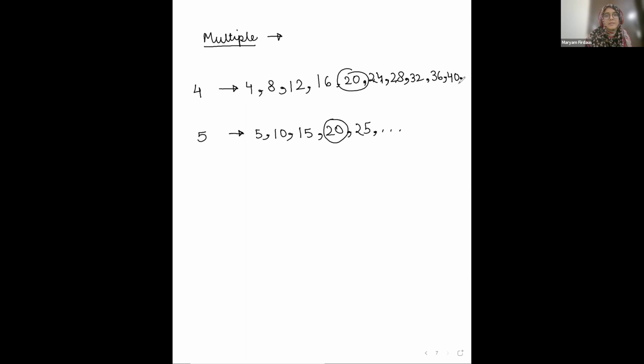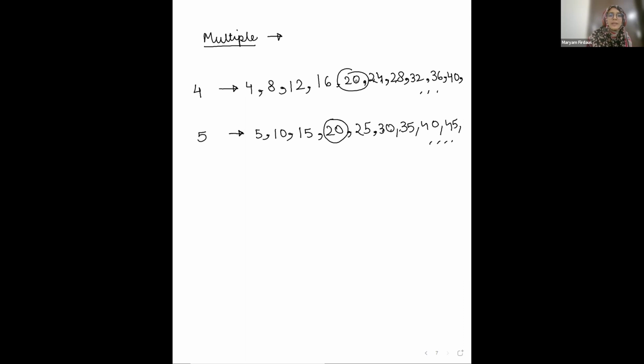And then there's even more actually. I'm not going to write all of them. Now, after 25, you have 30, 35, 5 eights are 40, 5 nines are 45, and so on.